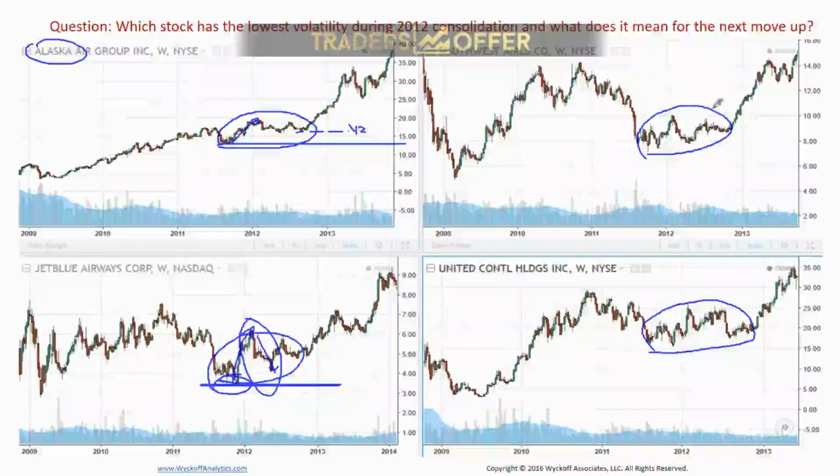And the same kind of idea here. We're looking at Southwest, and even though there is a definite contraction of volatility in this area, the initial volatility right here shows that there are some levels of supply that are coming in, and therefore the supply levels have the ability to move the price down. So the next move to the upside might potentially not be as good in Southwest as it is in Alaska.